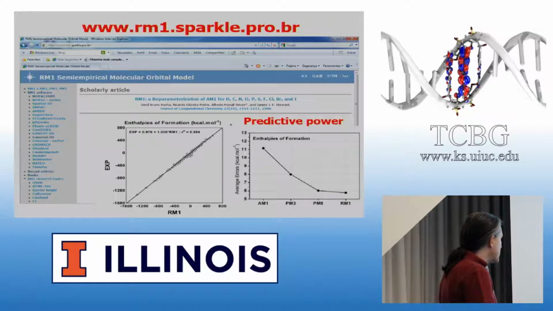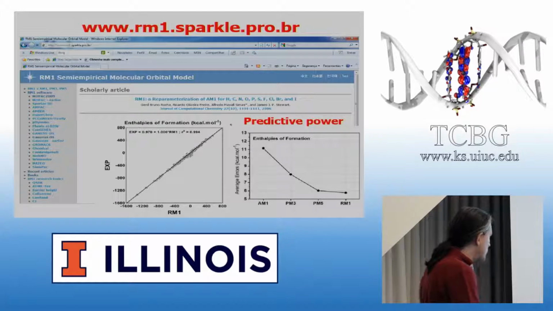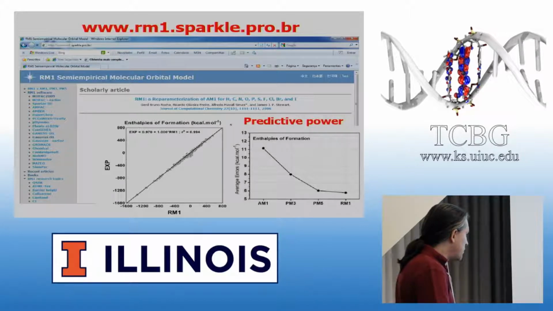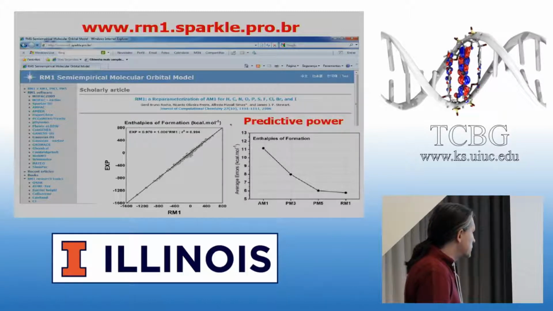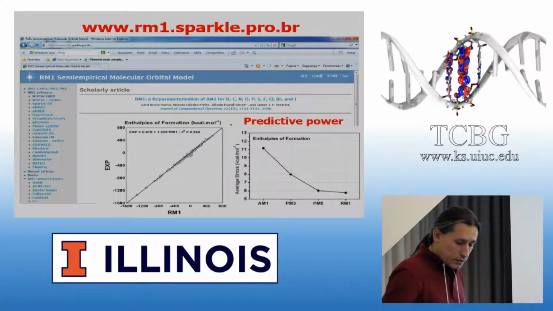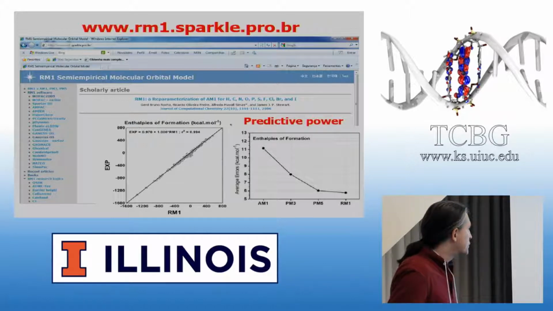That is, if you have a prediction by using RM1 for the enthalpy of formation, that prediction is close to the experimental result. This is a comparative result, including earlier semi-empirical methods. And at that time, RM1 was the best one to predict enthalpy of formation.